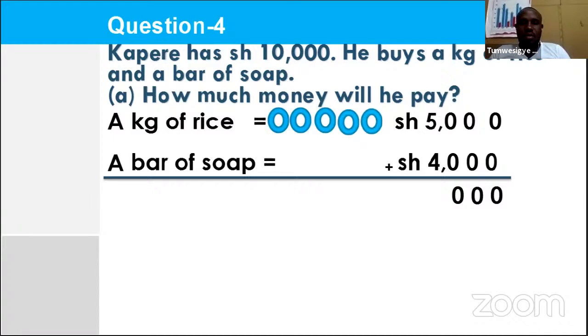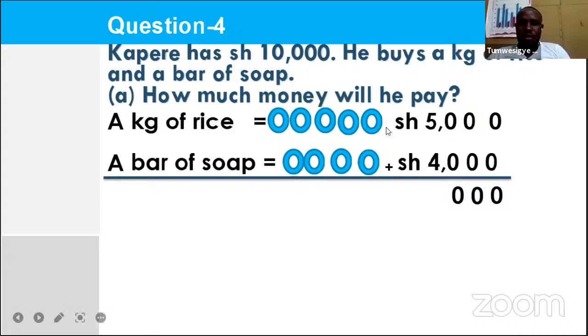How many counters am I drawing for the number which is down here? It is 4. 1, 2, 3, and 4. Then we count them together.